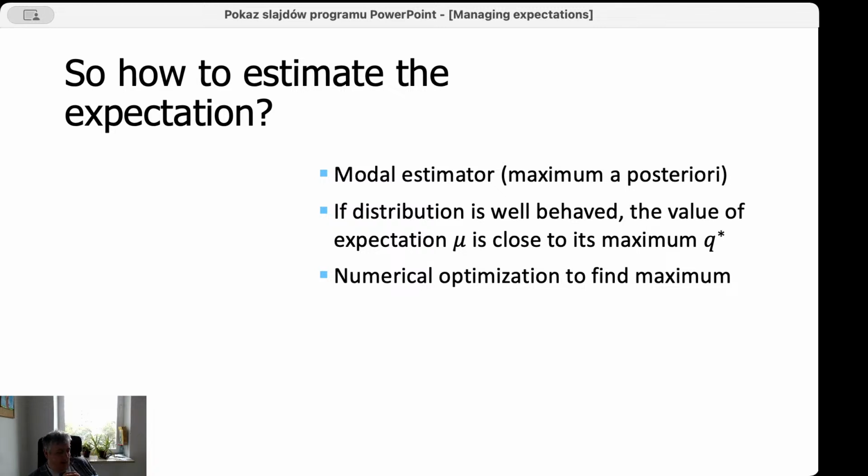There are certain important requirements for that function, but in practice this happens in simpler cases. So we treat the posterior function as a function to be optimized. We use numerical optimization and we find that maximum.